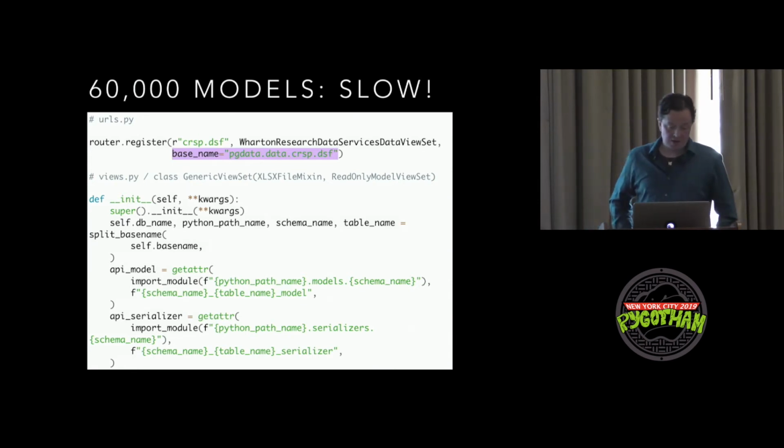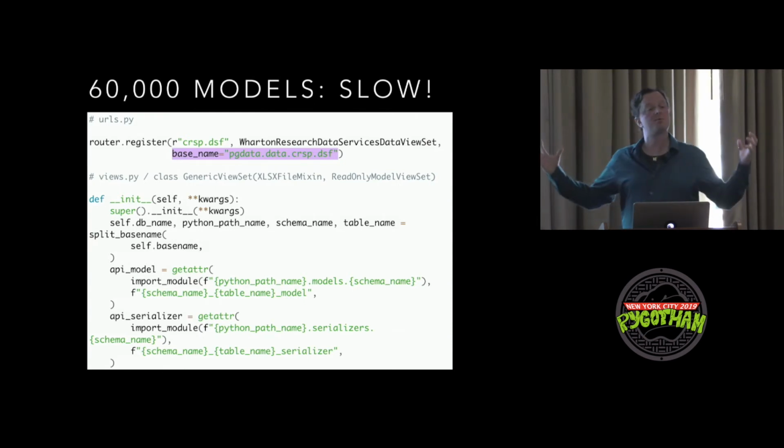We then extract those values in the generic viewSet class that I've built here. You can see we're within class GenericViewSet. The self.db_name, python_path_name, schema_name, table_name equals split base name. We just split them apart by the period and got the components we needed.